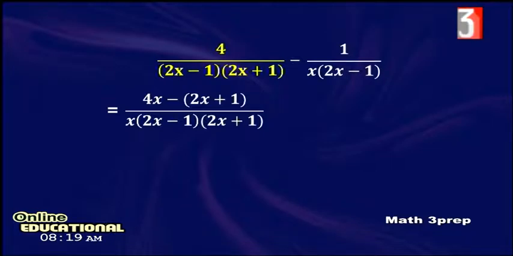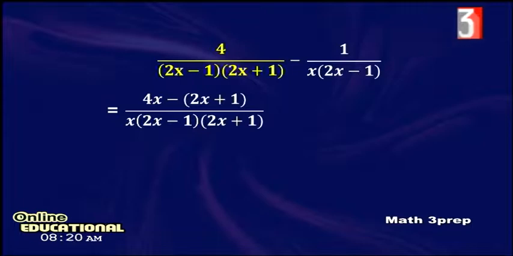First of all, (2x minus 1)(2x plus 1) became x(2x minus 1)(2x plus 1), so it is multiplied by x. Then we are going to multiply also 4 by x. Minus, and after the minus or the subtraction operation, we must open brackets. Then, what about the other denominator? x(2x minus 1) became x(2x minus 1)(2x plus 1), so you are going to multiply it by 2x plus 1.